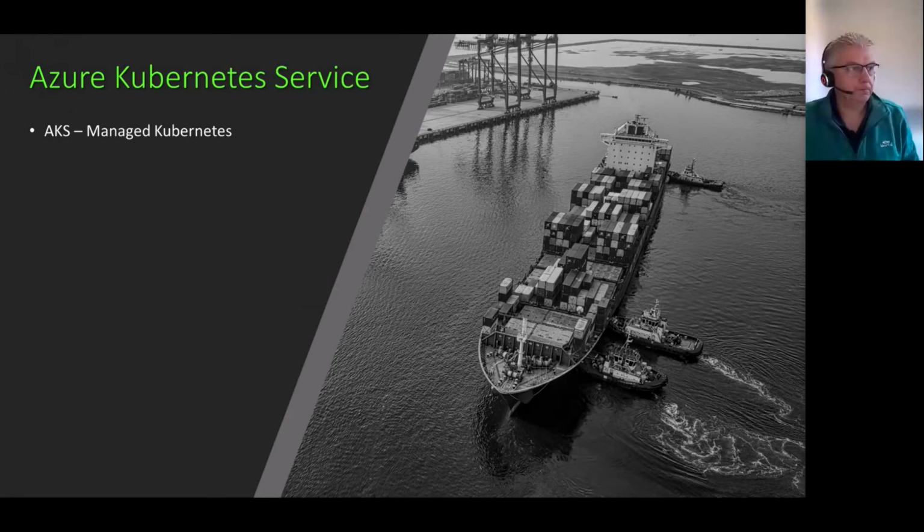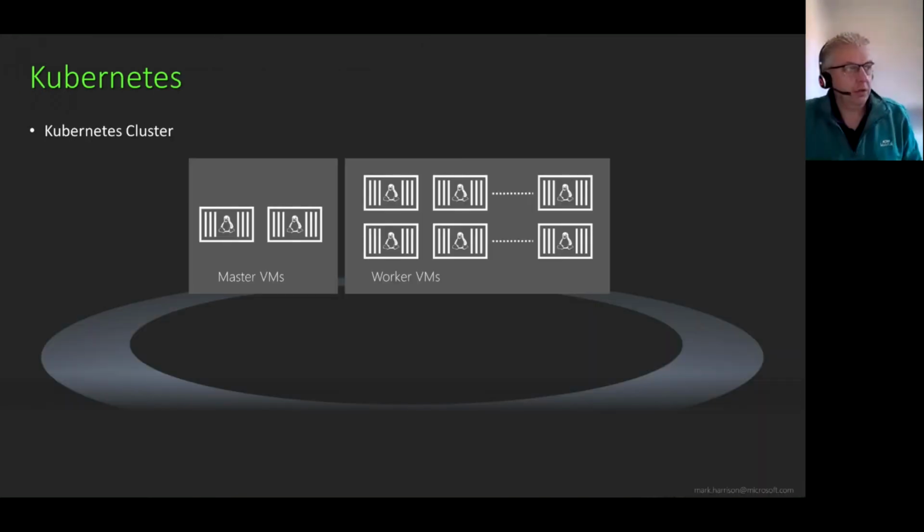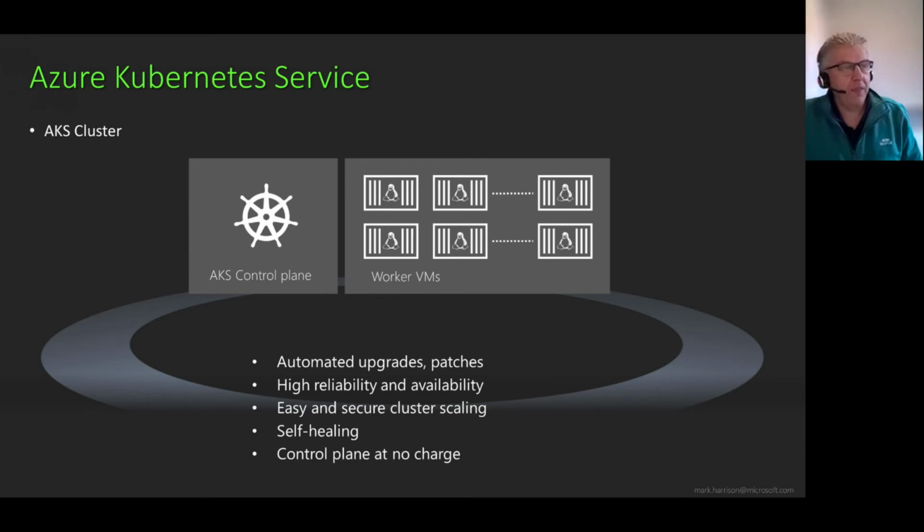So that's standard Kubernetes. What's different about AKS? In normal Kubernetes, we've got master VMs looking after the cluster. If you go to AKS, those master VMs have become what we call the AKS control plane. So we are insulating customers from the complexity of worrying about the masters.